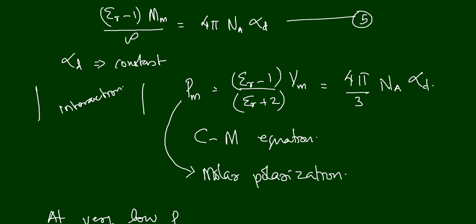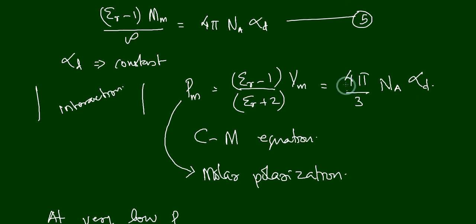If the pressure of the dielectric gas that we have filled is very, very low, then the Clausius-Mosotti equation will reduce to equation number 5. And therefore the Clausius-Mosotti equation is valid in all situations, that is, whether at low pressure or high pressure, the Clausius-Mosotti equation is valid. So this is the advantage of the Clausius-Mosotti equation.